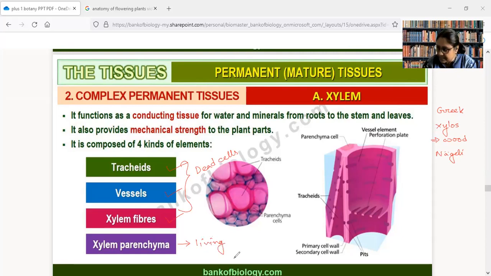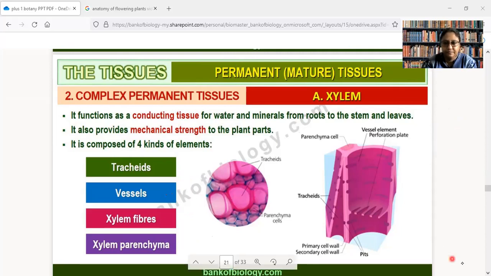So you can understand how xylem can be very important as mechanical support to the plant. It is responsible not only for transportation of water and mineral nutrients, it is also important for providing mechanical support to the plant. Okay, let's move ahead.